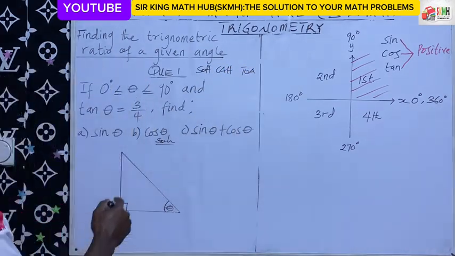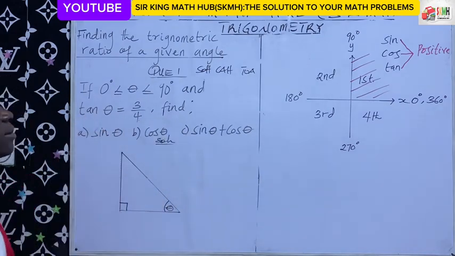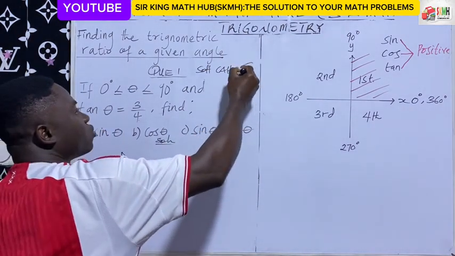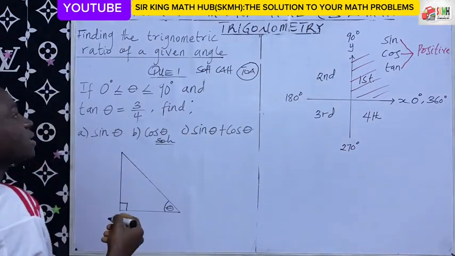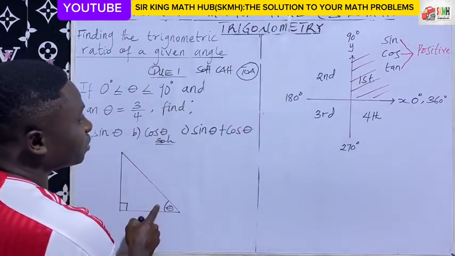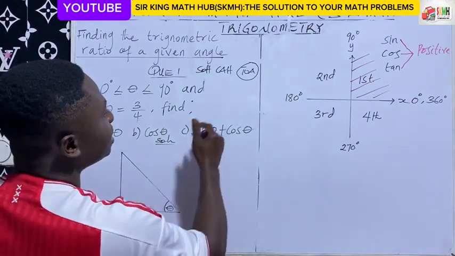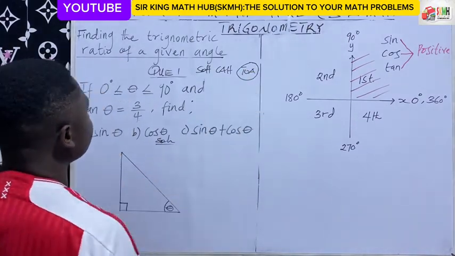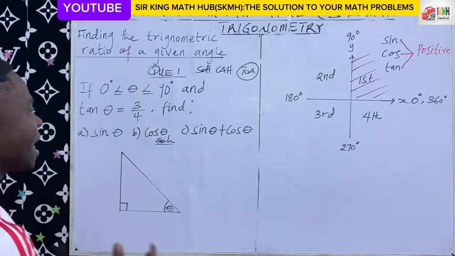Which of them relates to tan theta? So obviously that is TOA. And what does TOA say? TOA says that when you take the tangent of the acute angle, this should be equal to the length of the opposite divided by the length of the adjacent.